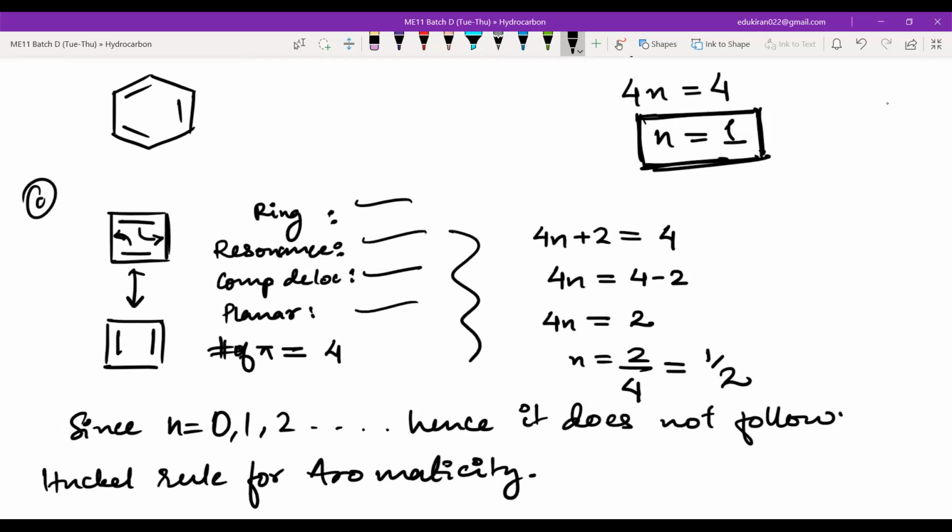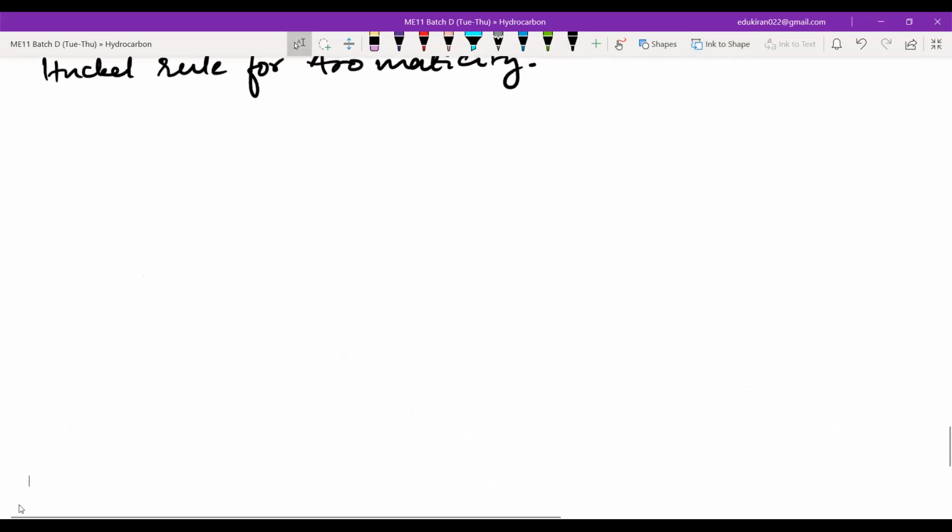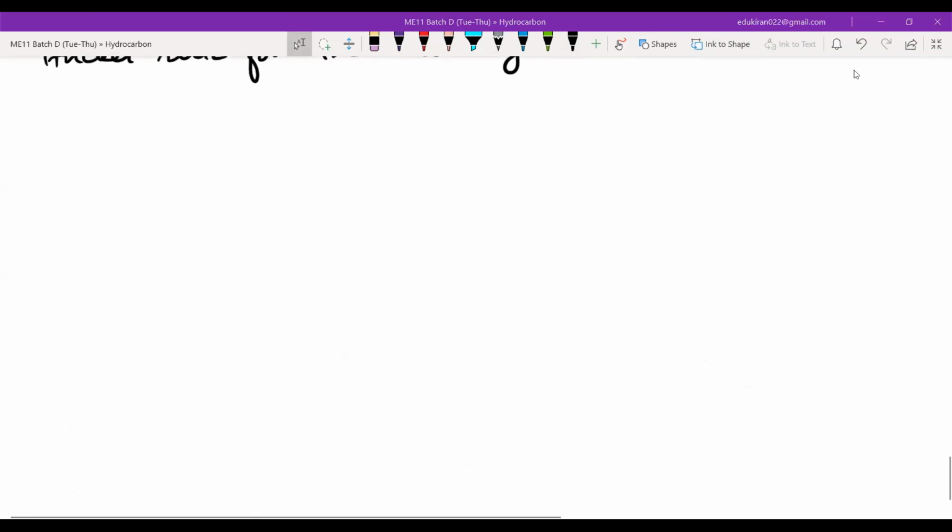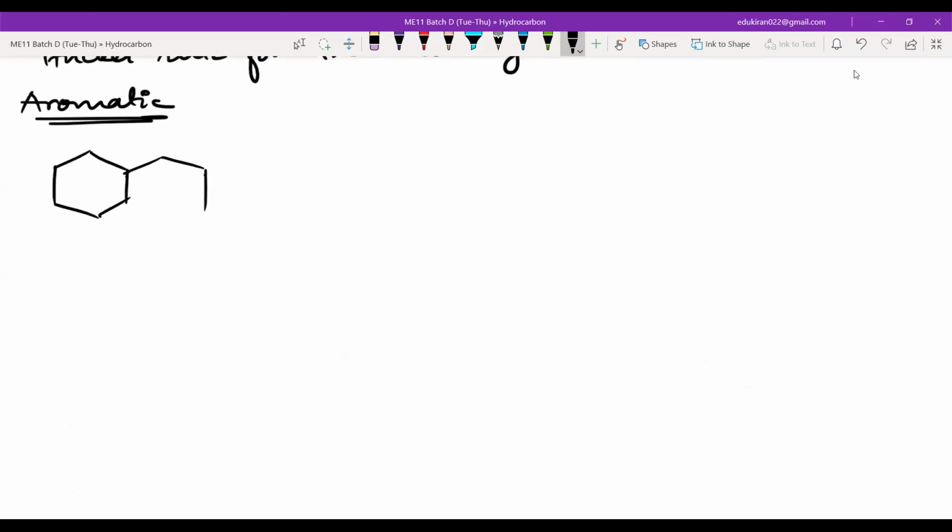Okay, so I'm writing some examples of aromatic compounds. You have already seen benzene. So if you fuse two benzene rings together, again here you can see that everything is just as in the benzene ring.